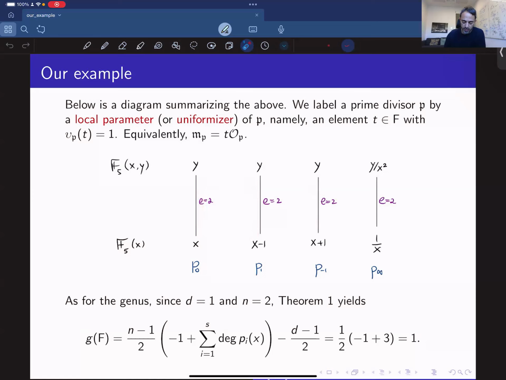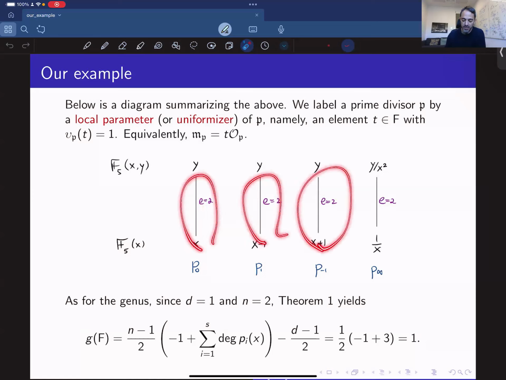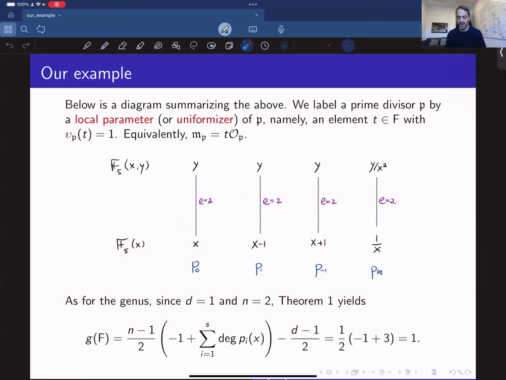The theorem that we showed told you that all of these totally ramify, namely e is n, as large as it can be. When I say ramify, I just mean that e is larger than 1. But in extensions of degree 2, once it's larger than 1, it's the maximum possible, which is 2. And over P infinity also, you have only one prime divisor, and it totally ramifies.